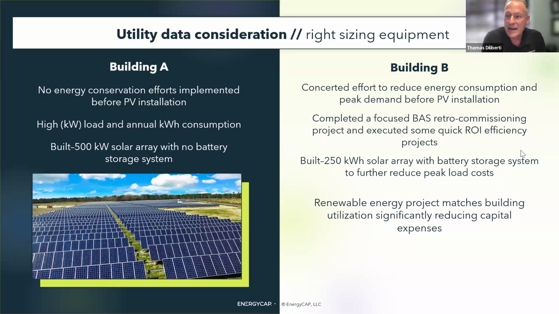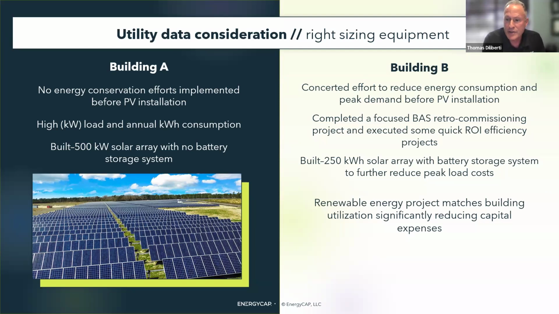And then you come out the other side, and now that the building is using less energy, you built a much smaller solar array. And maybe it made sense at that point to include a battery storage system as well to further reduce the load. I think you can see in this situation, if these two buildings were the same or very similar, because you built a much smaller solar array, there was a much smaller capital cost with that.